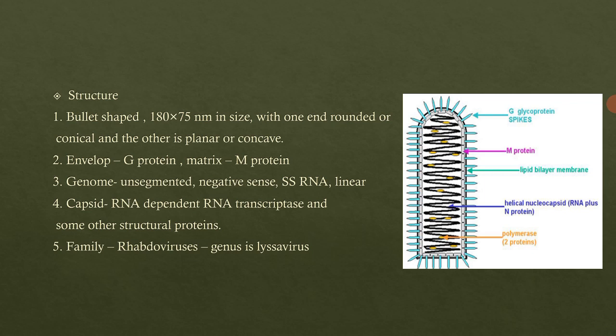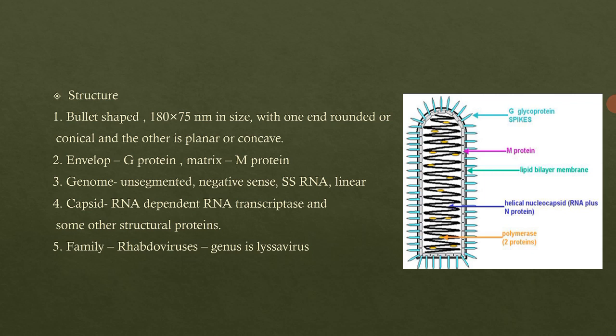Now, which family does this virus belong to? The family called rhabdoviruses. Rhabdos means rod, and that's why the name is rhabdoviruses. This family is also divided into two genera. First is the vesiculovirus, and the second one is the Lyssavirus.